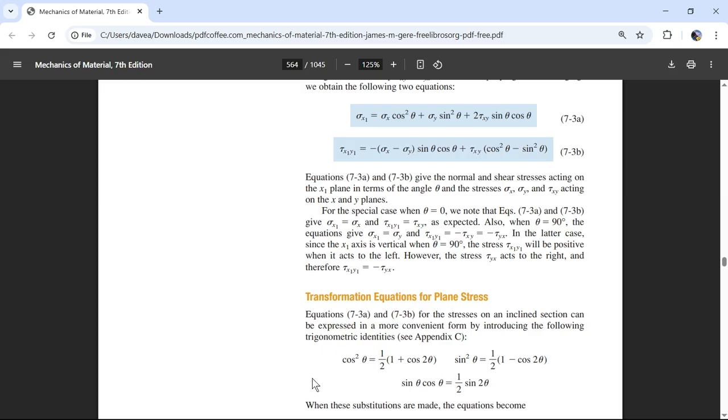So sine theta cosine theta plus sine theta cosine theta equals sine 2 theta. That's why two of those over here equal sine 2 theta.